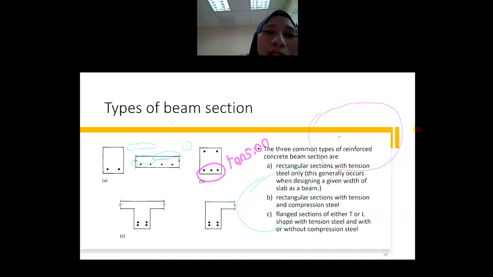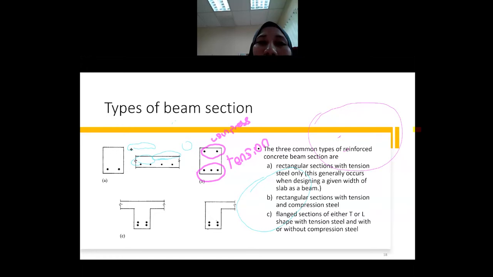Okay, so here is for tension. At the top here is for compression. The top is for compression and the bottom one is for tension.